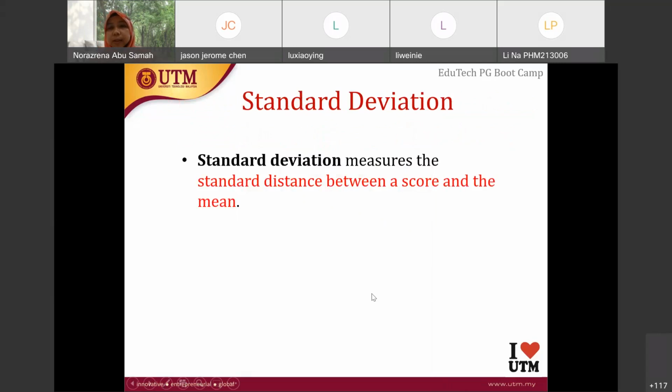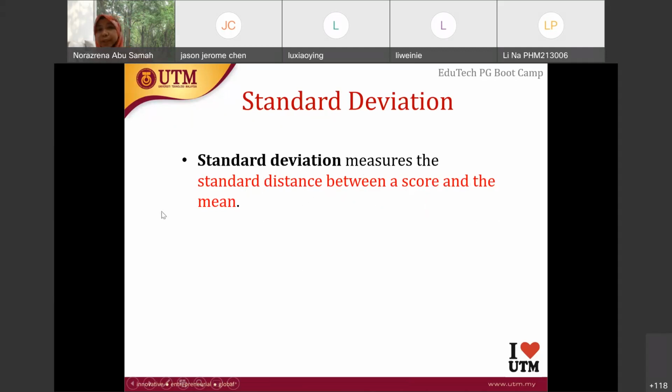Then for a continuous variable, we can find the mean and then we can find the standard deviation. Standard deviation measures the standard distance between a score and the mean.